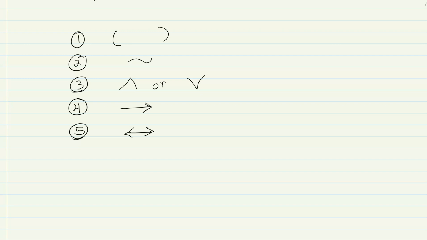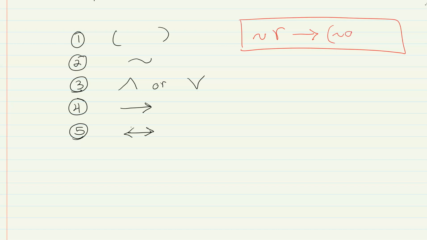So here is your statement: not R implies not Q and P. The first order would be inside the parentheses. When you go inside the parentheses, which would you operate on first? Negation first. So the first thing you would list would be not Q. The second thing would be the and connective, so not Q and P would be next.